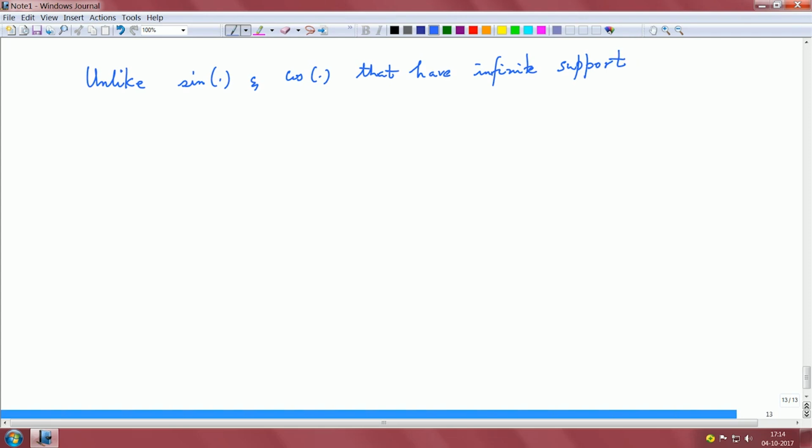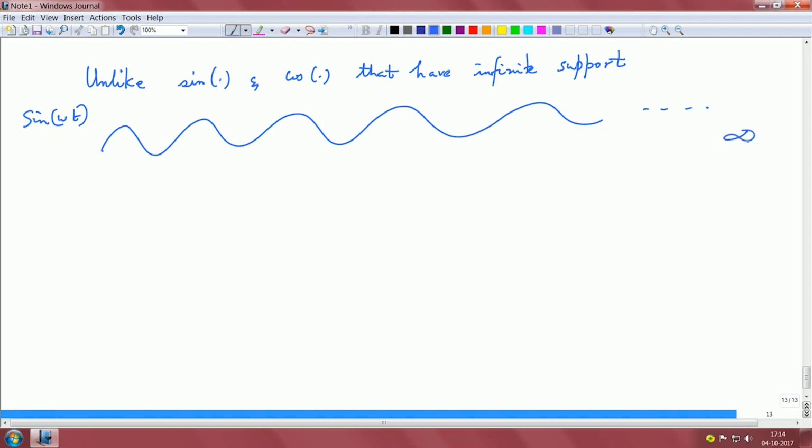If you take a sine function, this is sine omega t and it goes on. So what is the support of the signal? This is really infinity, right?